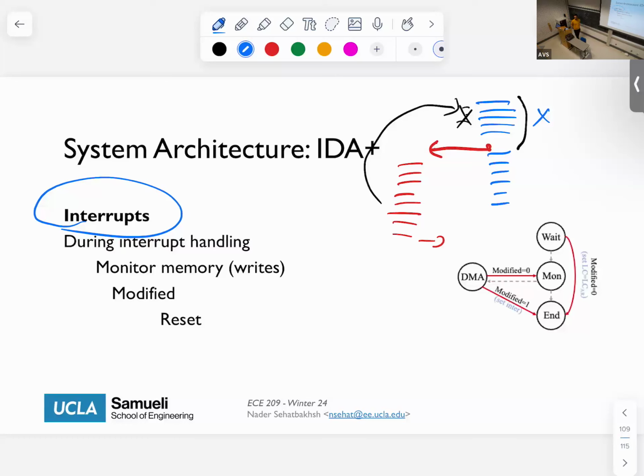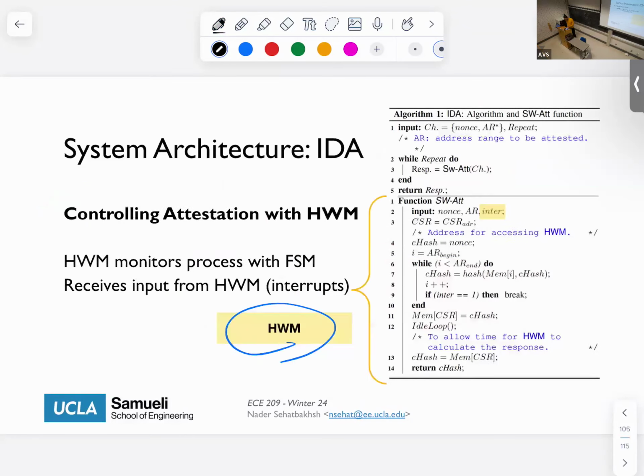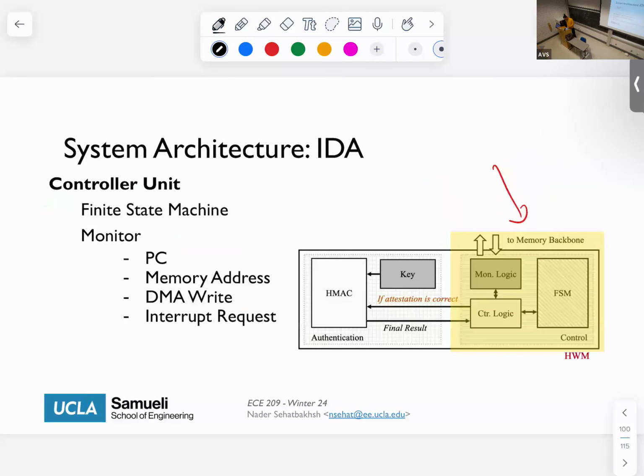Interrupts are happening in the device, right? But how is it proven that there are interrupts happening in the device? So all these things are done by the hardware module, which is inside the device. Remember that the hardware module is in the remote device, and it's very fast. Yes, the hardware module looks at the interrupt request.